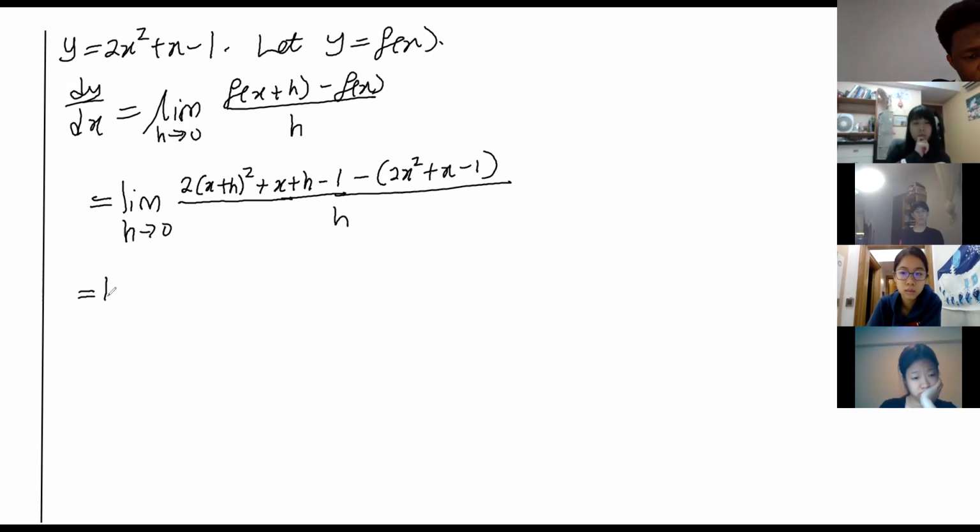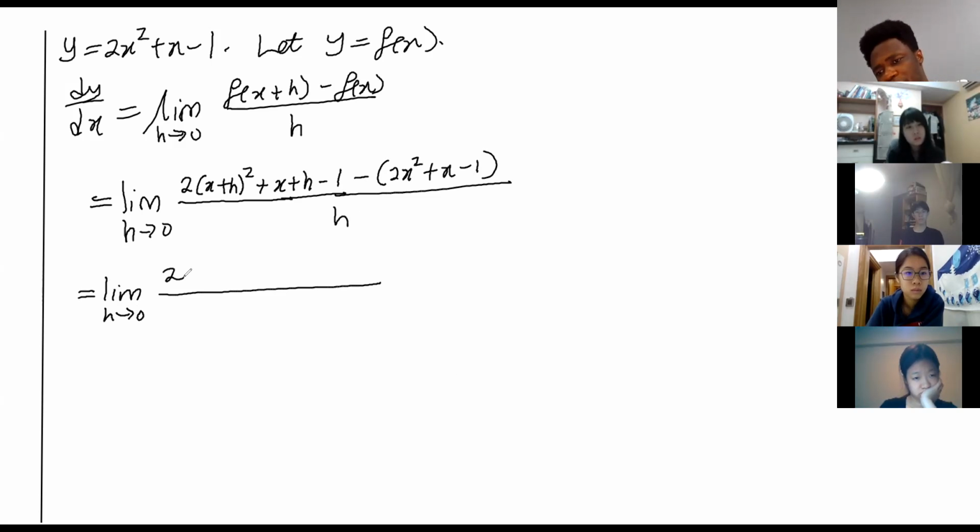This is the limit as h tends to 0. I expand this bracket. Power first before multiplication, BODMAS or BIDMAS, grade 5, grade 6. So which means you have to expand before you multiply in. x squared plus 2xh plus h squared.